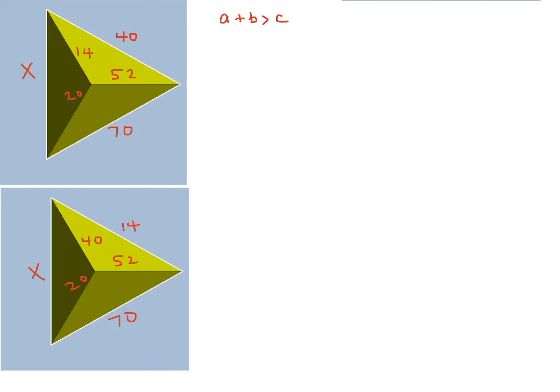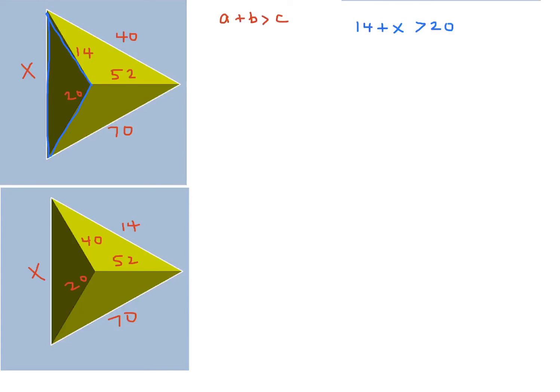We're going to first concentrate, of course, on the x, and that's really all we need to concentrate on. This triangle right here. So in that triangle, the first thing is 14 plus x has to be greater than 20. All right, that's our first rule. 14 plus x has to be greater than 20.